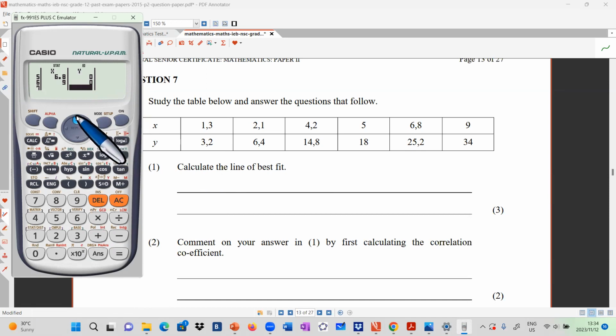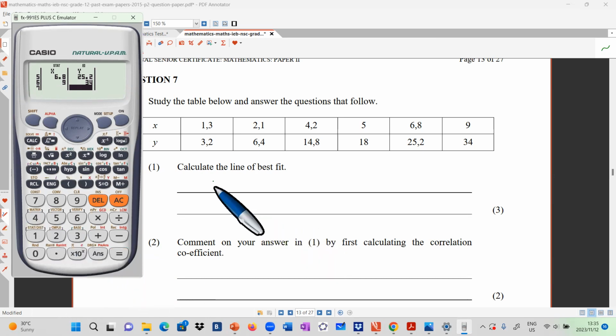Right, y starts at 3.2, and then 6.4, and then 14.8, and then 18, and then 25.2, and then 34.